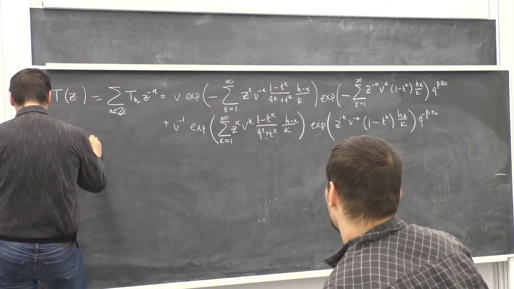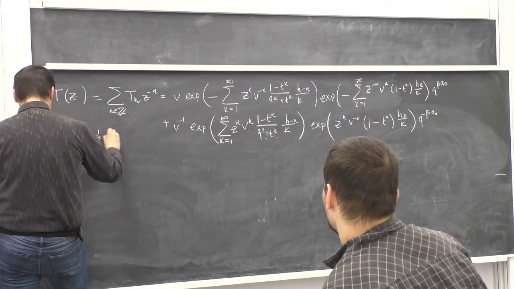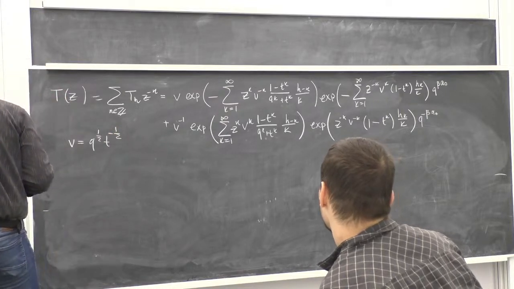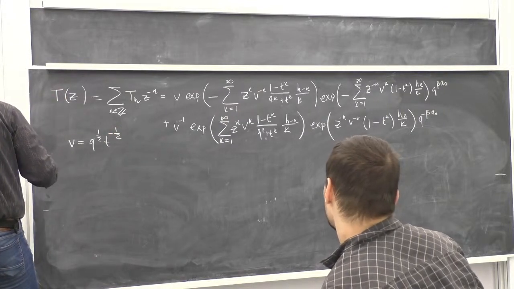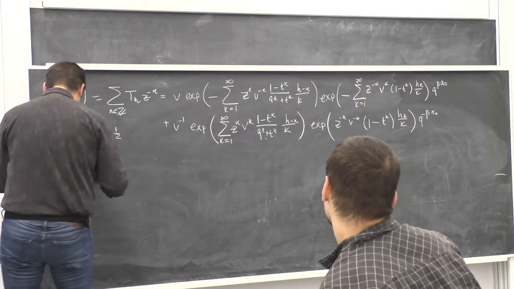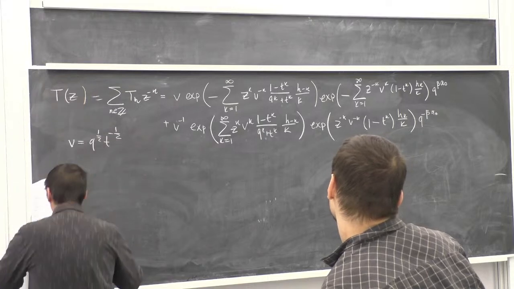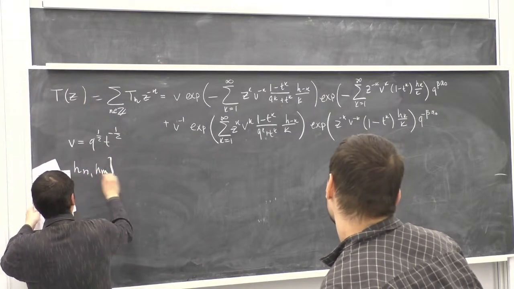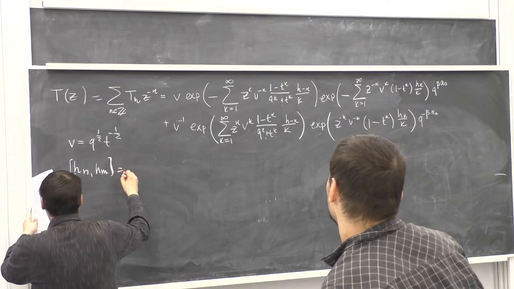Here V is q to the 1/2 t with negative 1/2. And maybe something else needs to be defined. Perhaps H_n and H_n. Formal Heisenberg conjugate.